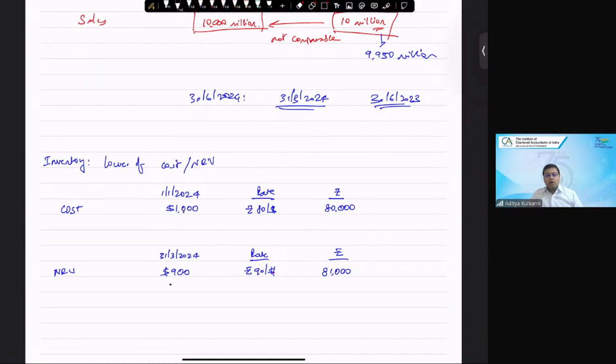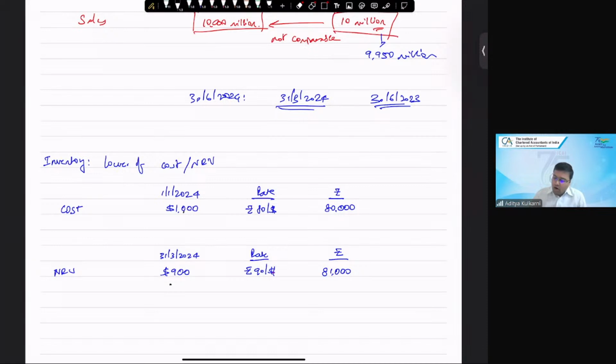NRV write-off का मुझे entry pass करना पड़ेगा या नहीं? $100 का। सर, मेरी functional currency अगर डॉलर है तो आपकी functional currency INR है यहाँ पे। Sir, if it is a foreign branch, we need to write off.